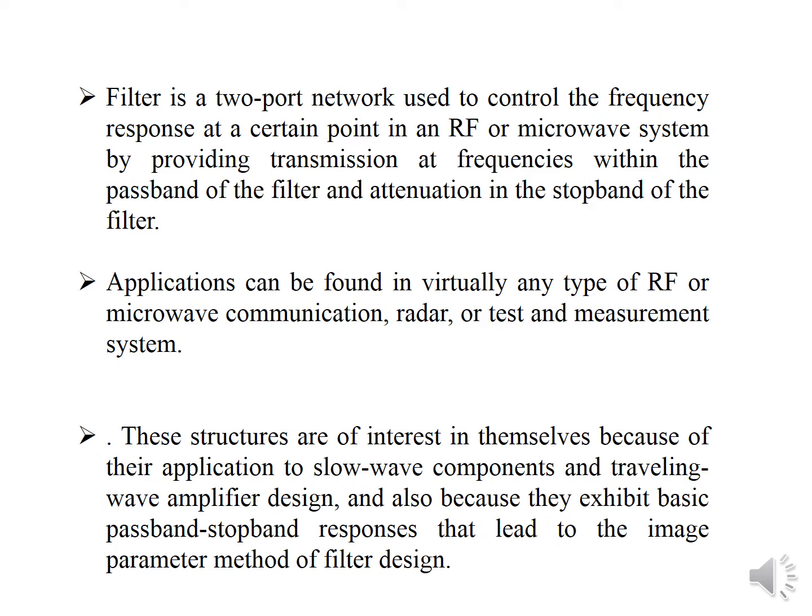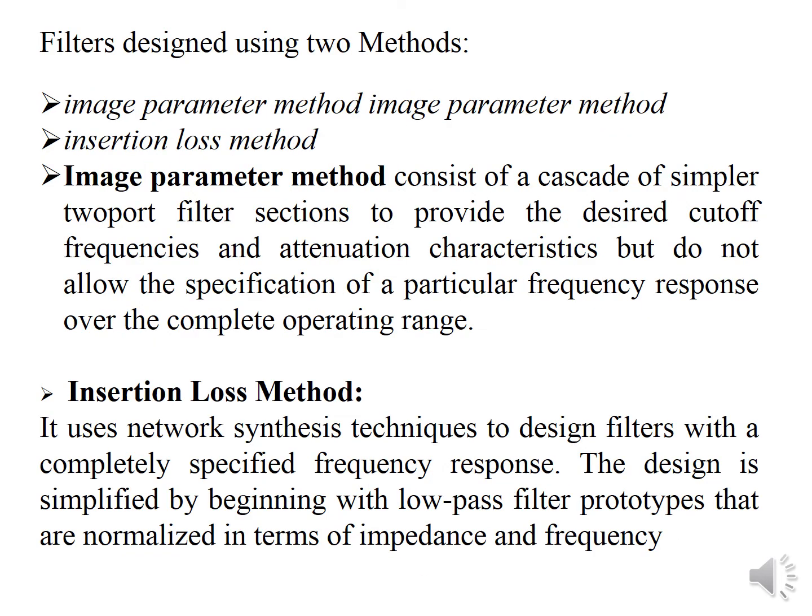Applications can be found in virtually any type of RF or microwave communication, as well as radar or test and measurement systems. These structures are initially of interest in themselves because of their application in slow wave components and traveling wave amplifier design. All they exhibit are passband and stop band responses, and this leads to a design using the image parameter method of filter design.